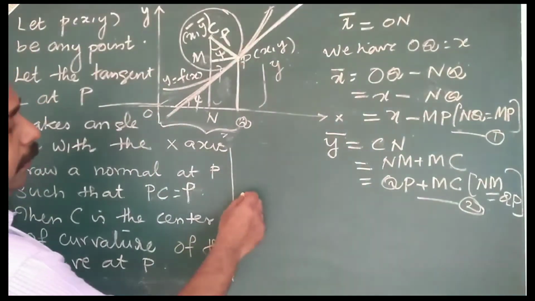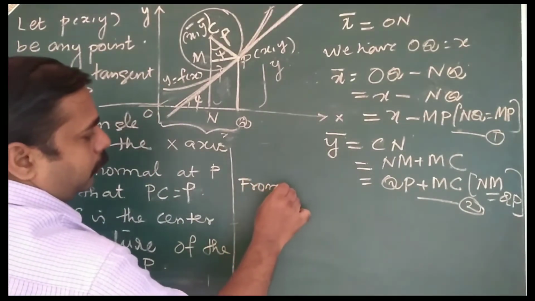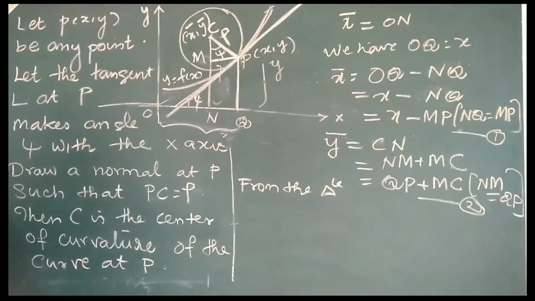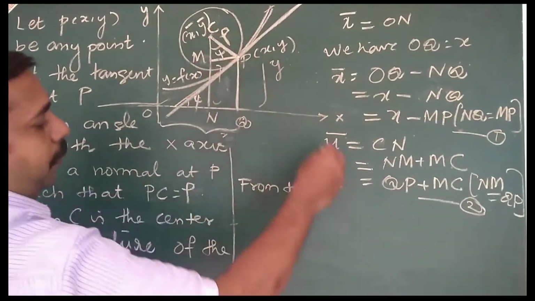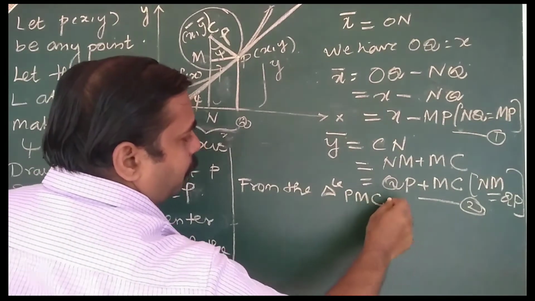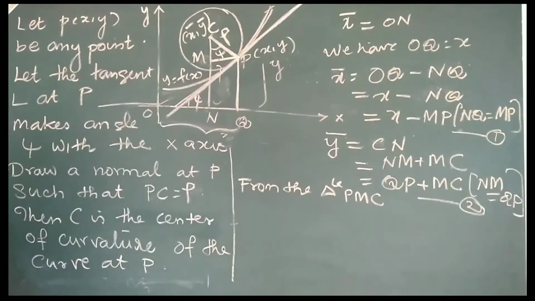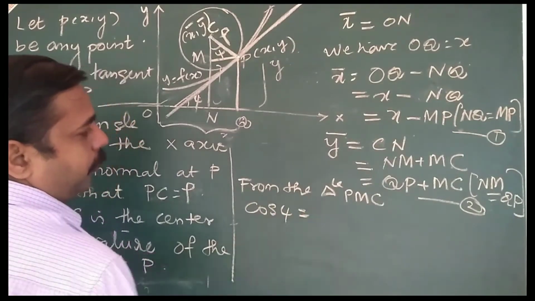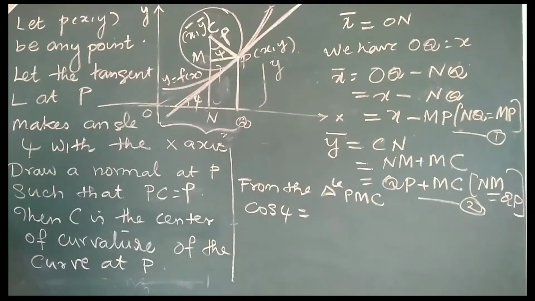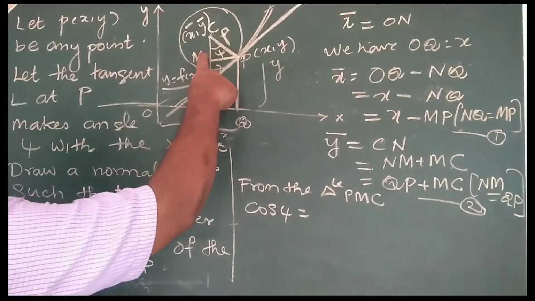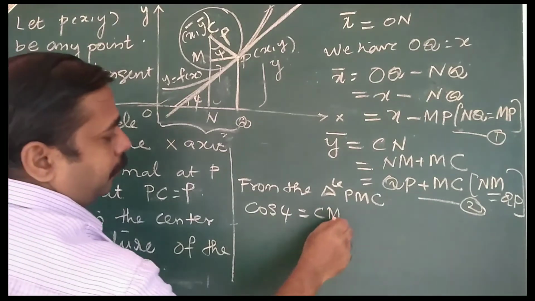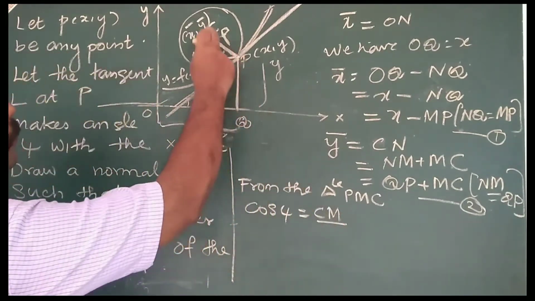So from the triangle PMC, cos psi is equal to adjacent side CM by CP.